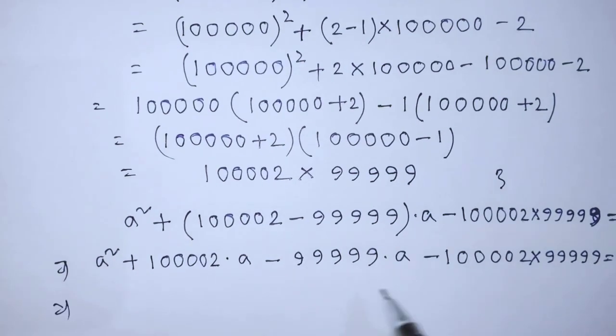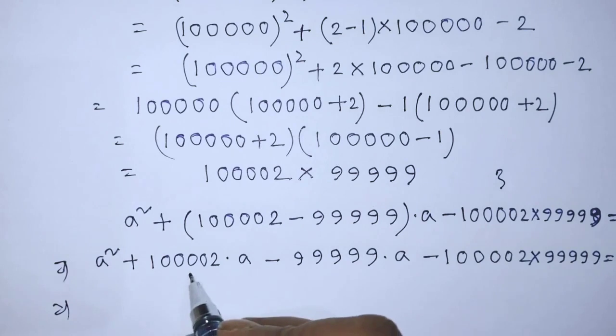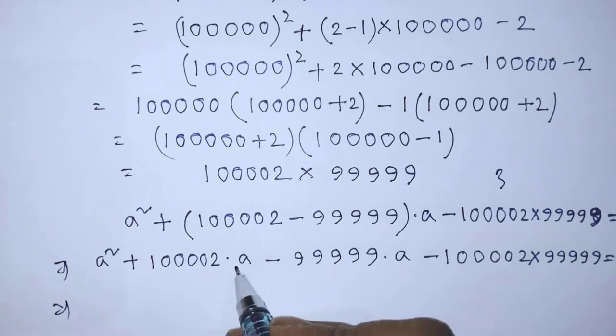Students, on the left hand side of this equation, in the first two terms the common factor is a.